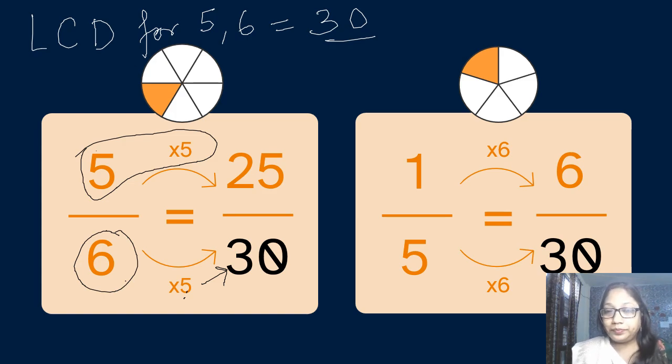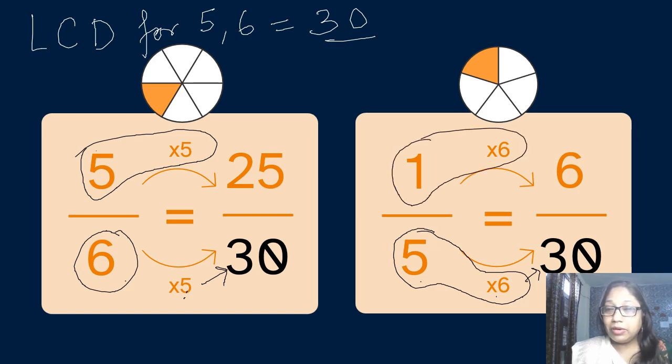Now, next fraction is 1 upon 5. जब 5 को हम 6 के साथ multiply करेंगे, when we multiply 5 by 6, it will give 30. 5 times 6 is 30. Same changes we will do with the numerator. Same number, 6 and again 6. 1 times 6 is 6.